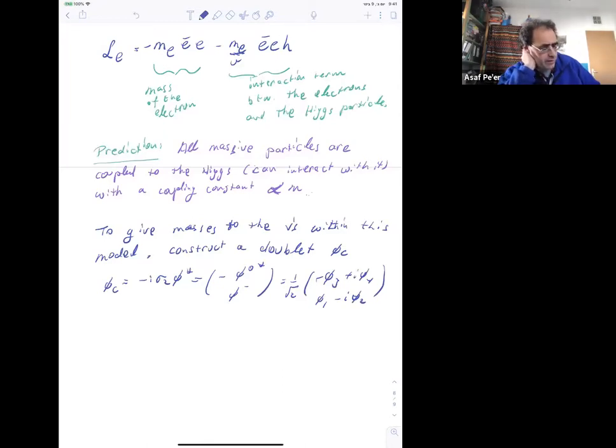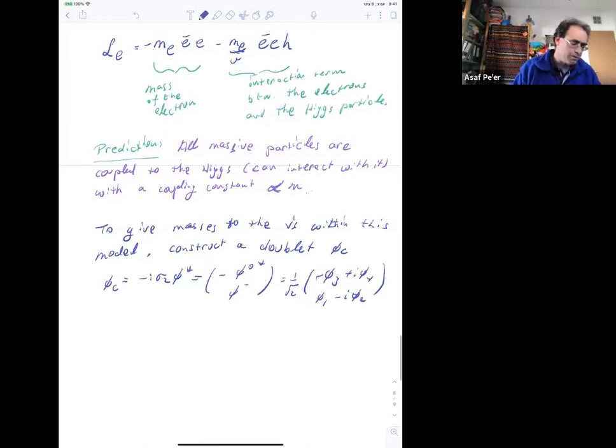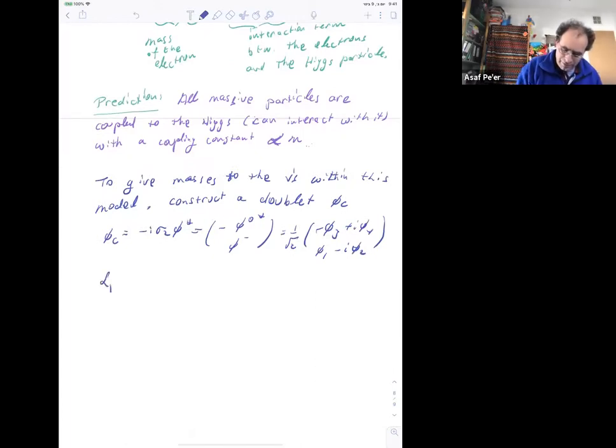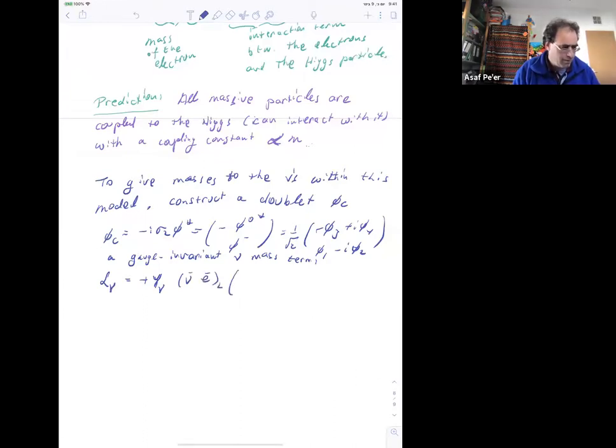And then a gauge invariant mass term for the neutrinos will look something like L neutrino, a gauge invariant neutrino mass term. L neutrino is just plus y, but it's going to be a different coupling. So it's going to be y neutrino, and then neutrino bar, E bar left, and then minus phi 0 star, phi minus, ER, plus Hermitian conjugate of that.